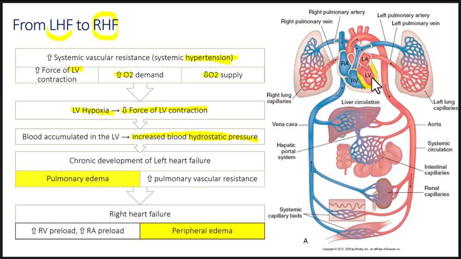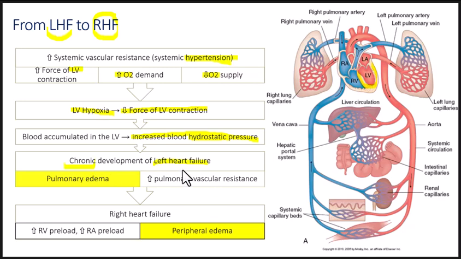So an increase in blood hydrostatic pressure just means that because the left ventricle can't push all the blood out, it starts to back up, but we still are adding blood to it, and eventually it becomes weak and it dilates because there's so much pressure exerted from the blood within it. We can't overcome it. And so these people are in a state of chronic left heart failure.